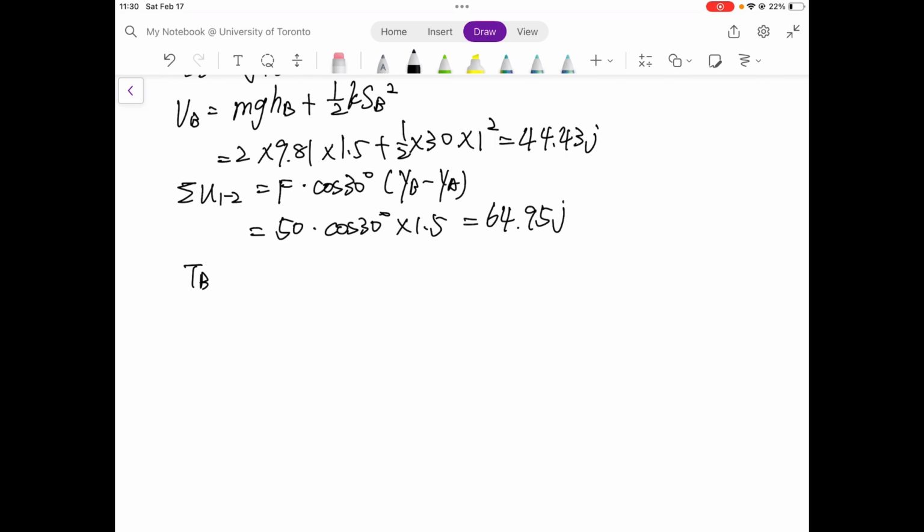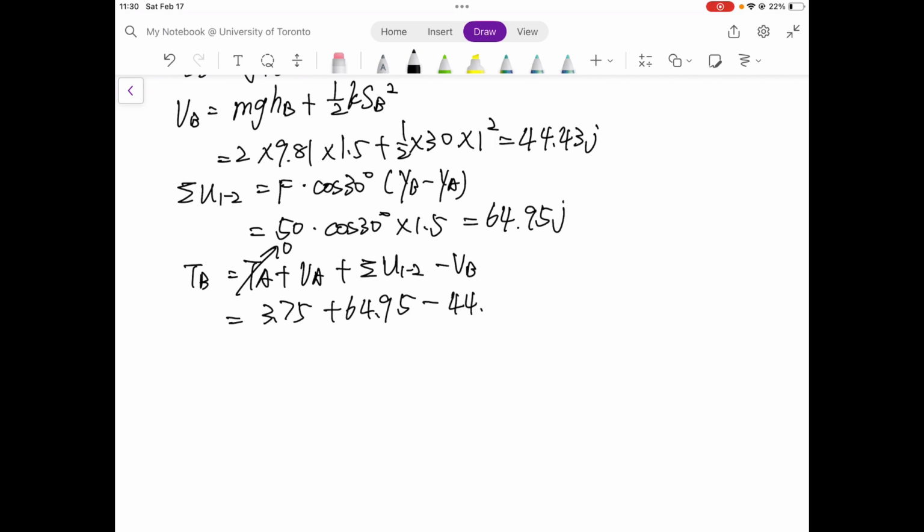So we have TB is equal to TA, which is equal to 0, plus VA, plus the work done by the external force, minus VB, equal to 3.75 plus 64.95 minus 44.43, which is equal to 24.27 joules.